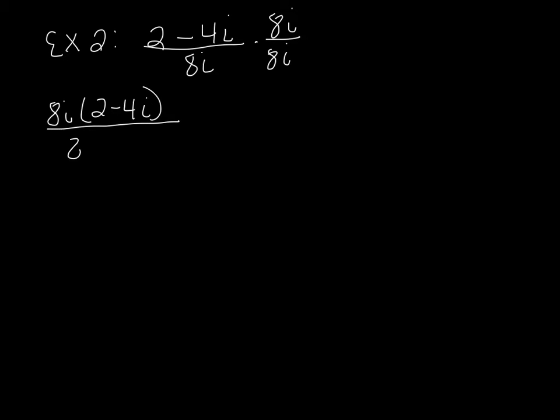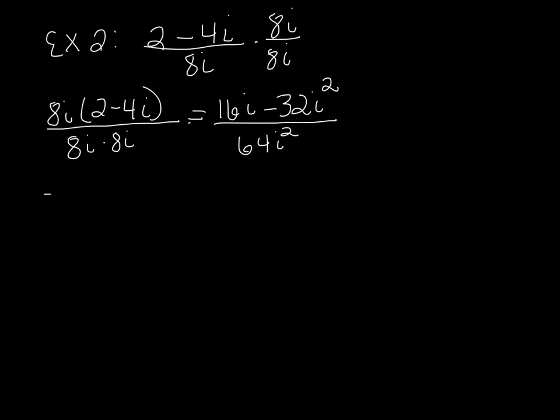And then on the bottom, of course, it's 8i times 8i. So on the top, you have a 16i, and then minus a 32i squared, and all of this is over a 64i squared.